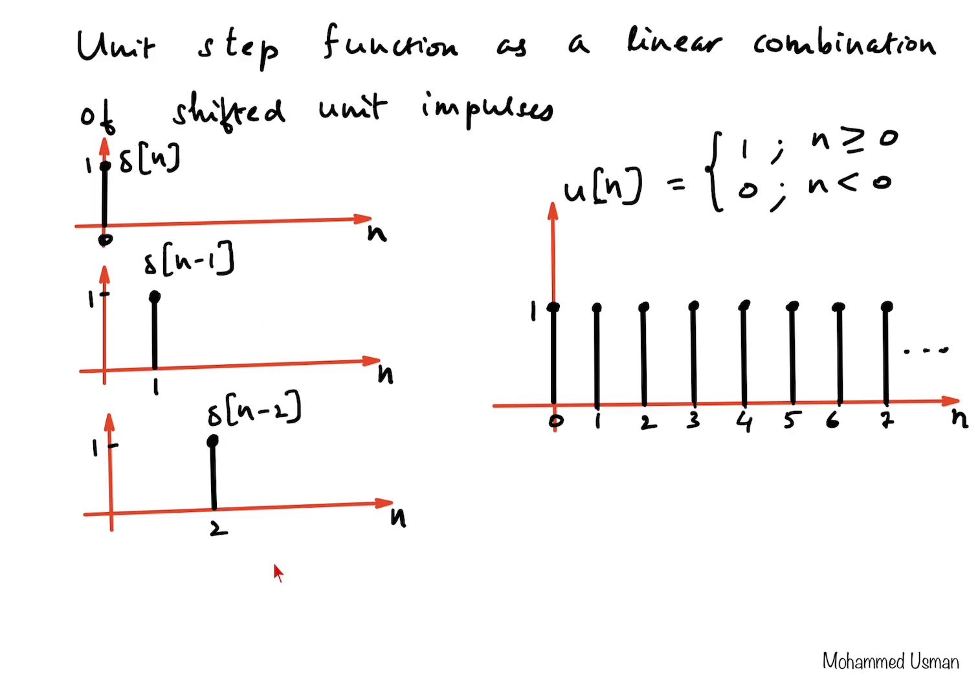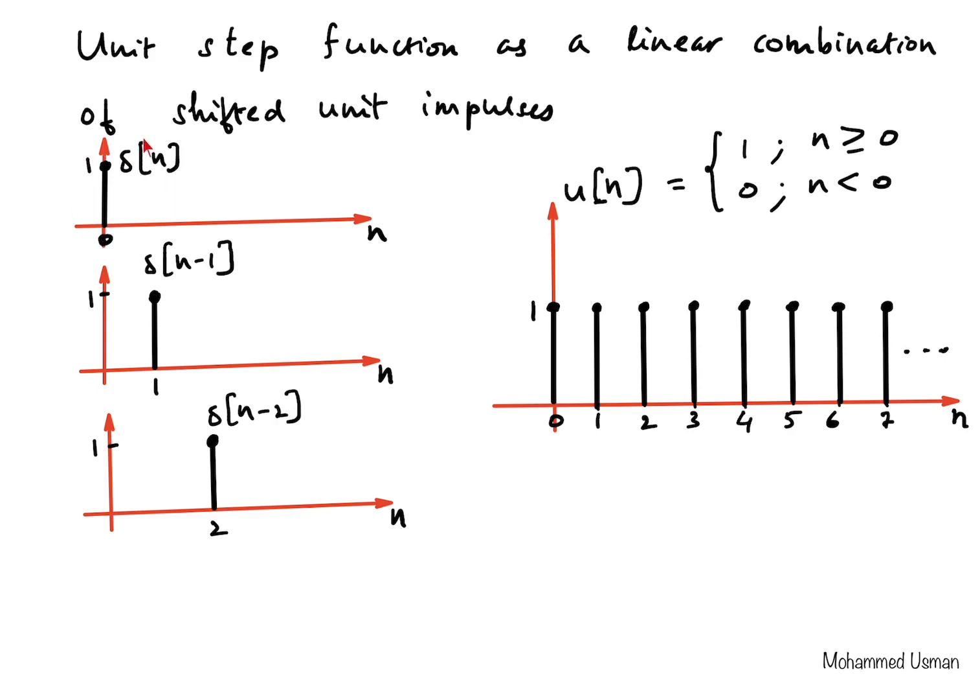So that means if we just add up all of these terms, that is delta of n plus delta of n minus 1 plus delta of n minus 2 plus delta of n minus 3 plus delta of n minus 4 and so on up to infinity, we will get the unit step function. So basically, we can represent the unit step function as a linear combination of shifted impulses.